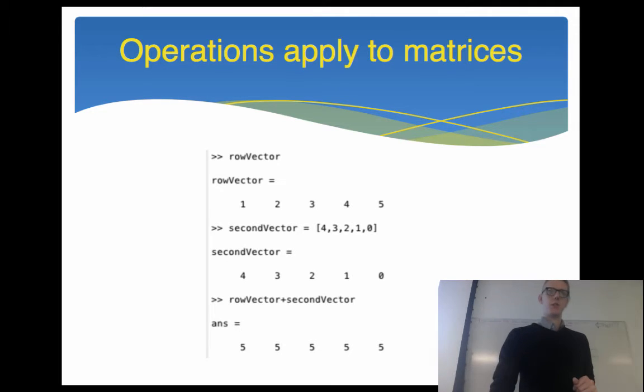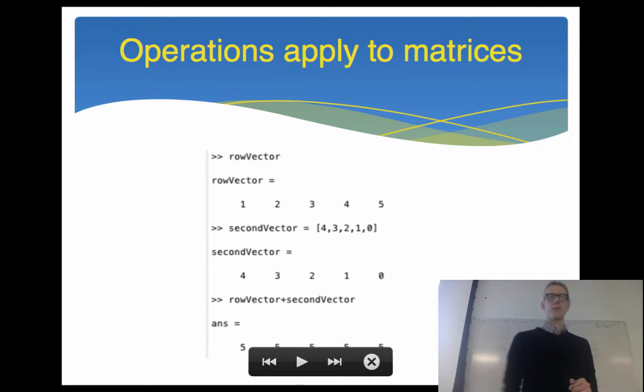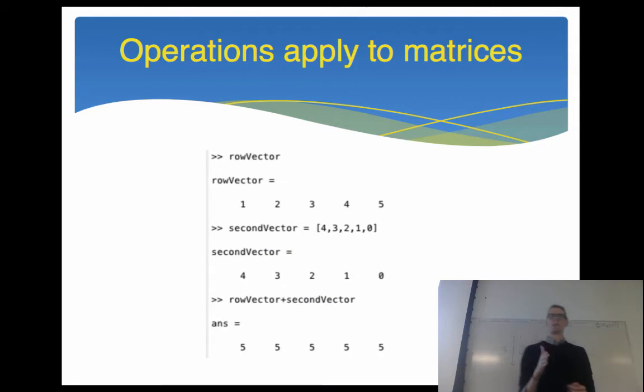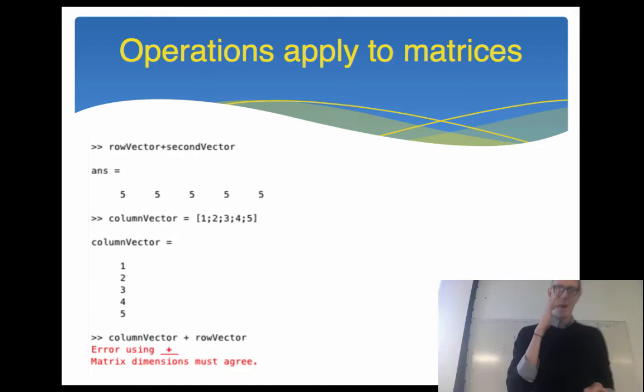And then we're going to do 2 plus 3, and that's also 5. 3 plus 2, that's also 5. So it's going to go through element-wise, one by one, adding the elements at the respective positions of our 2 vectors together and storing them in whatever our output is. Now for this example, I didn't put an equal sign on this line. There's no variable defined, so what it's doing is it's storing the answer in the answer variable.